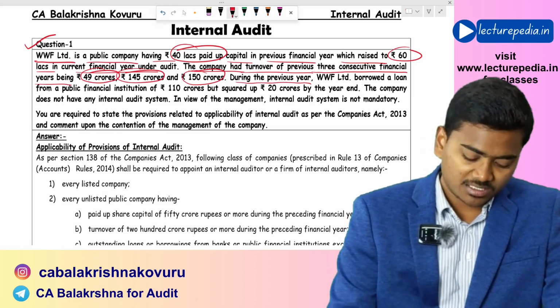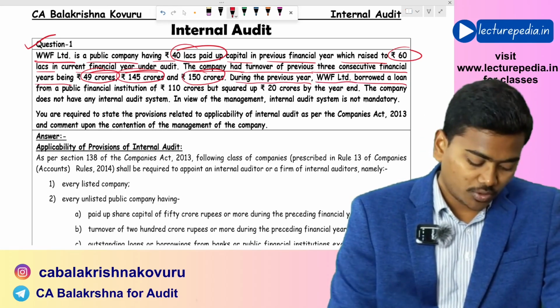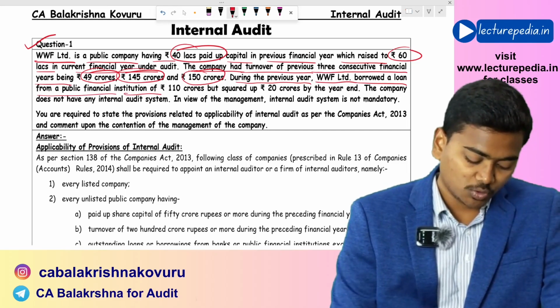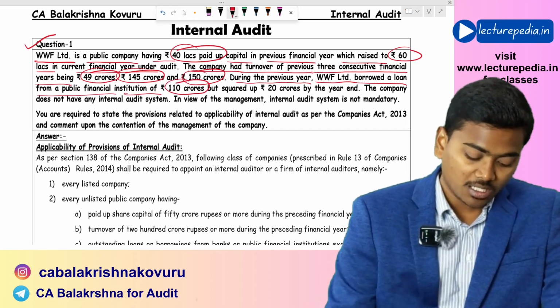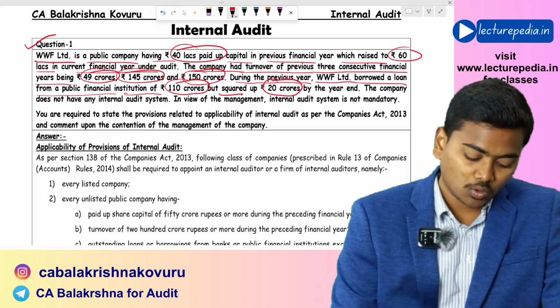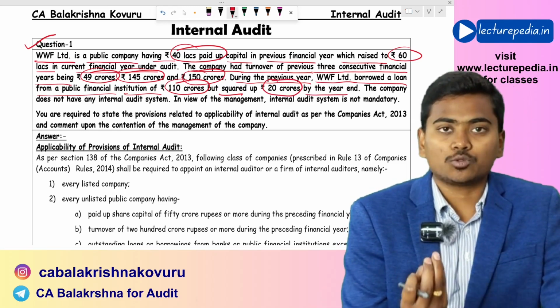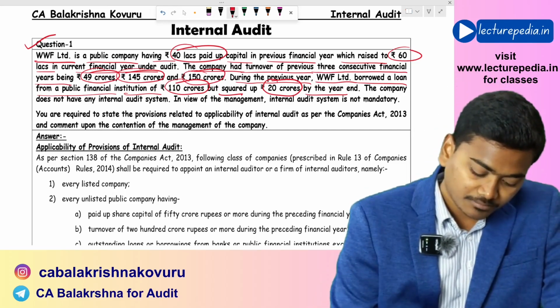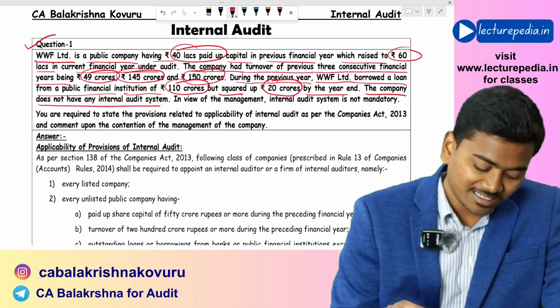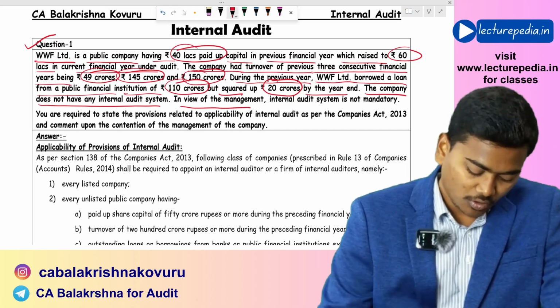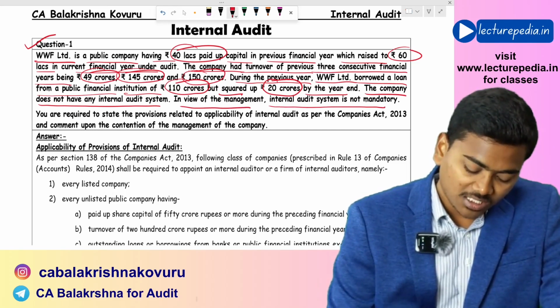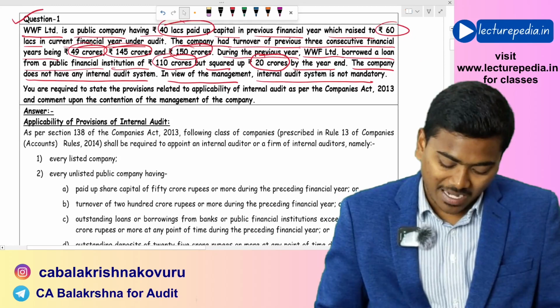And during the previous year, WWF Limited borrowed a loan from a public financial institution of 110 crores but squared up 20 crores by the year end. Squared up means it has repaid 20 crores by the year end. And the company does not have any internal audit system. In the view of the management, internal audit system is not mandatory.